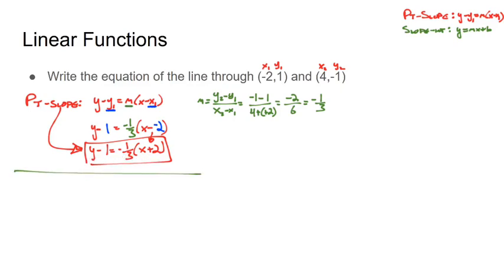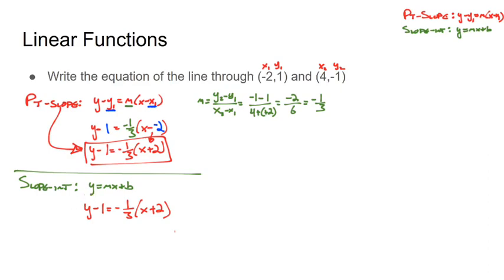Now we're going to go to slope-intercept. If you remember, our slope-intercept form is y equals mx plus b. I'm going to start with my point slope form, which is y minus 1 equals negative 1/3 x plus 2. We're just going to simplify this and isolate the y, because once we get the y isolated, we'll be in slope-intercept form.